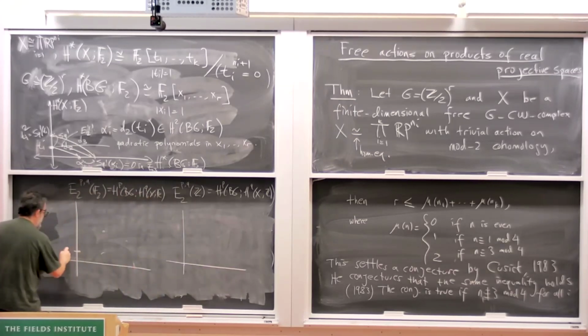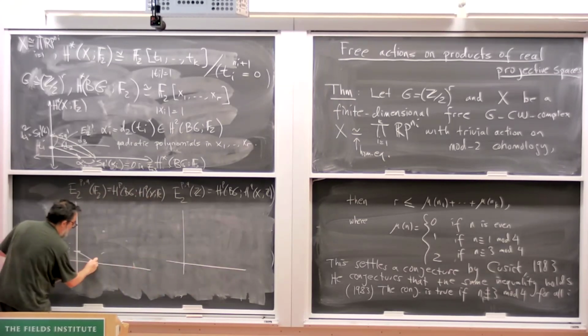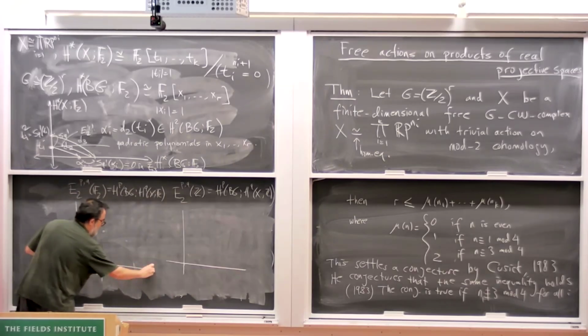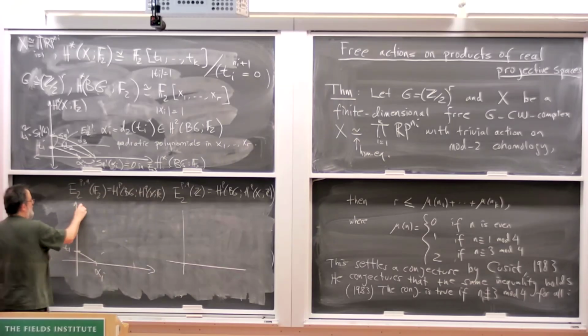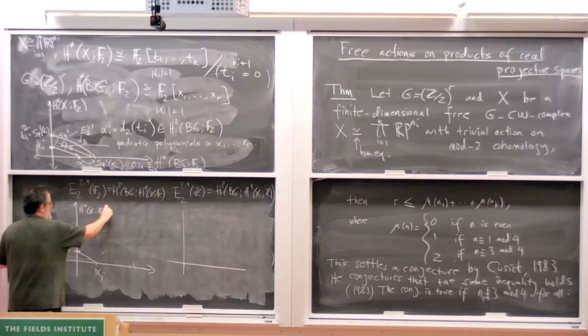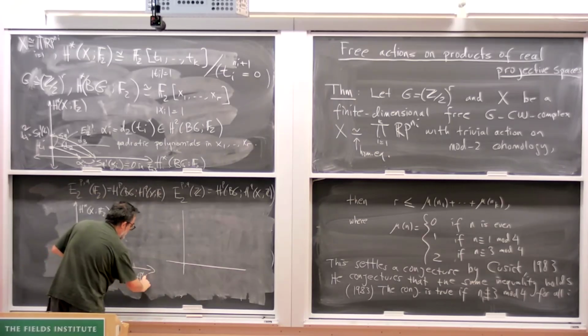So you have generators here, TI. We knew that they go to the K invariants, and the action here was trivial on the cohomology. So this was just the cohomology of X and this was just the cohomology of BG, with F2 coefficients.